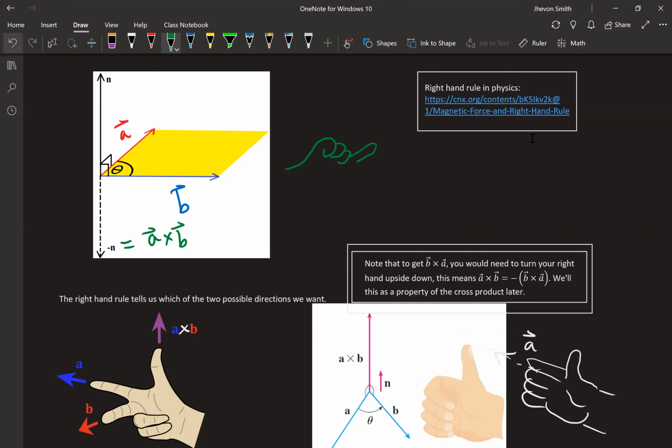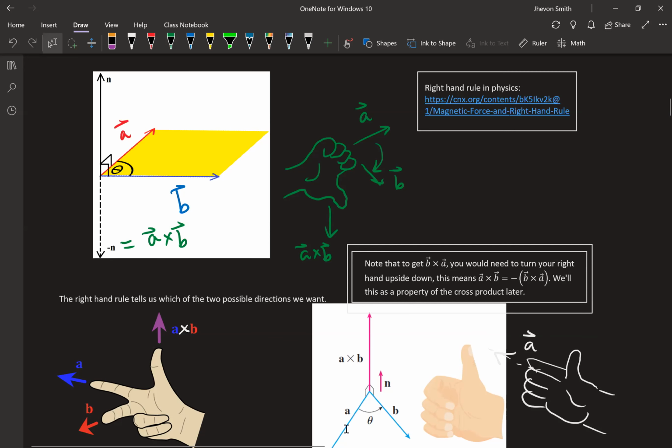If you point it in the direction of A, you would have to turn your right hand upside down to curl your fingers in the direction of B, and your thumb would point down to get to the direction of A cross B. So it's the right hand rule. You literally have to have your right hand turned upside down in order to get that.